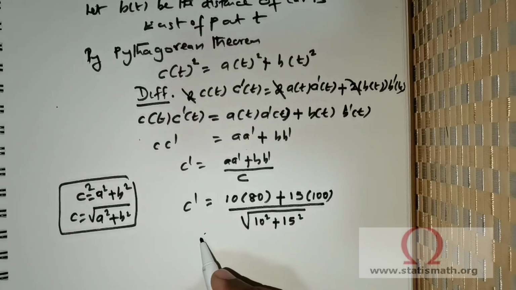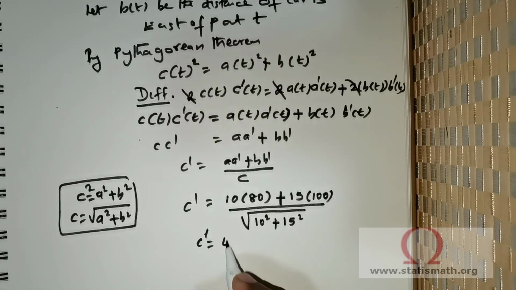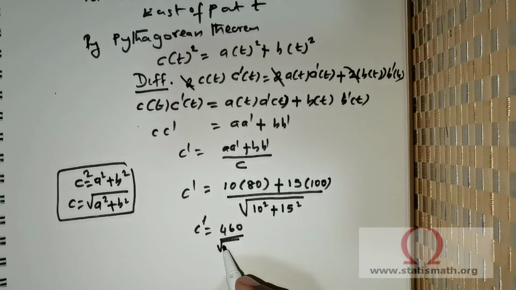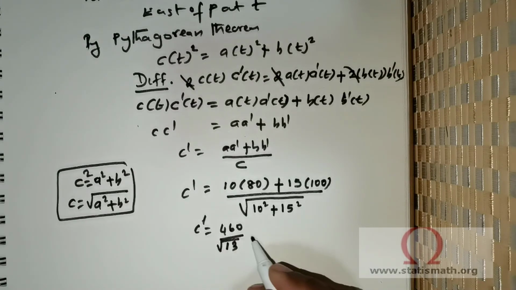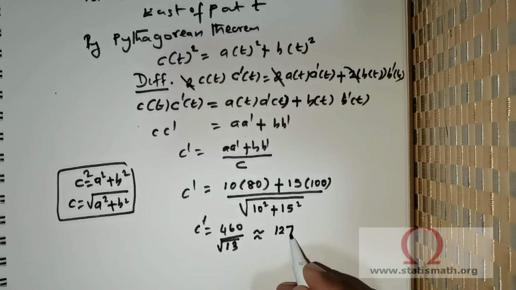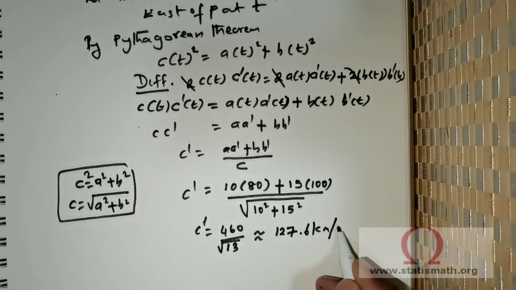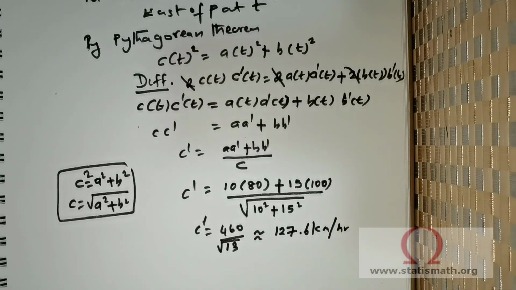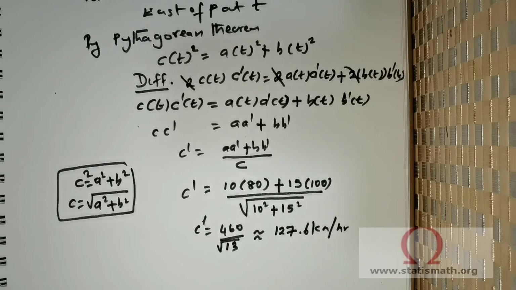Now if you were to evaluate this, C dash would be 460 divided by root of 13, and approximately it would be 127.6 kilometers per hour.